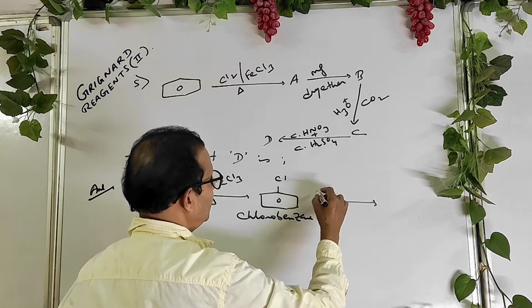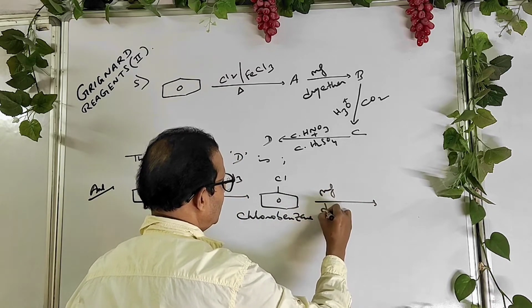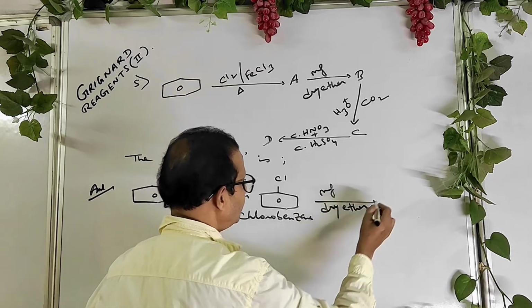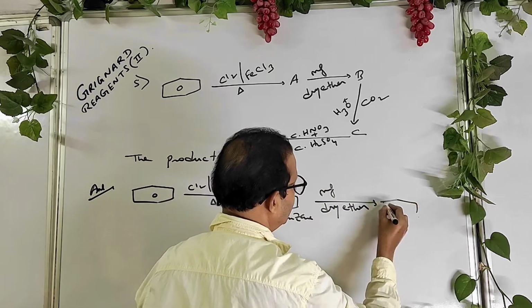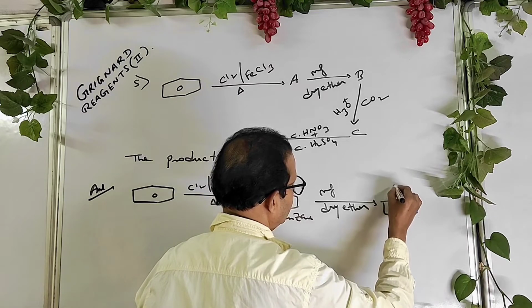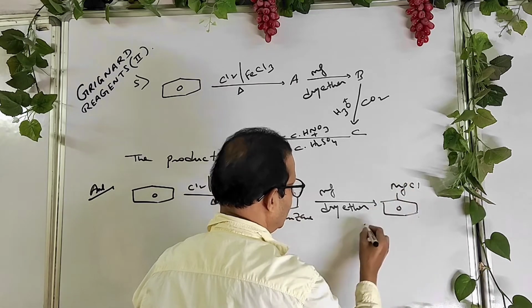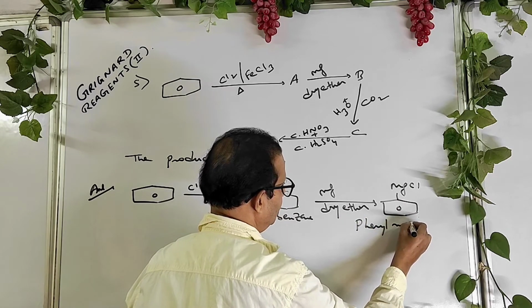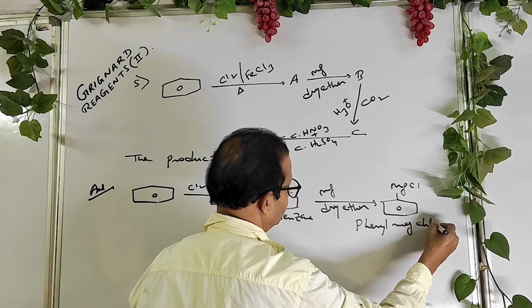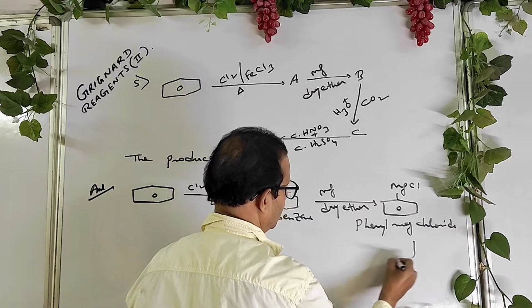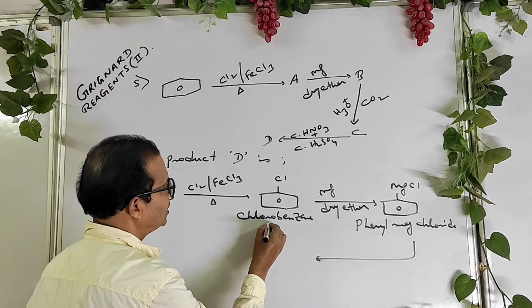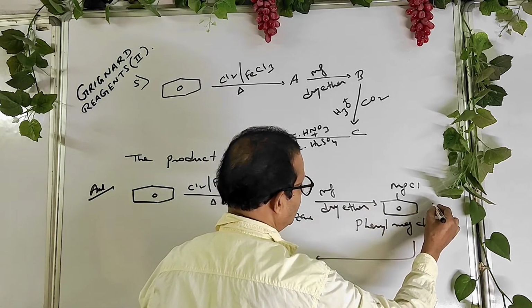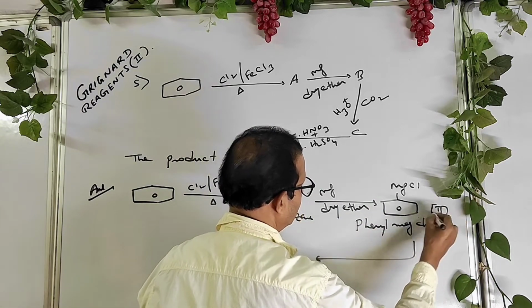When chlorobenzene reacts with magnesium in presence of dry ether, you get Grignard reagent, that is phenyl magnesium chloride. So this is A in the sequence of reaction, this is B in the sequence of reaction.